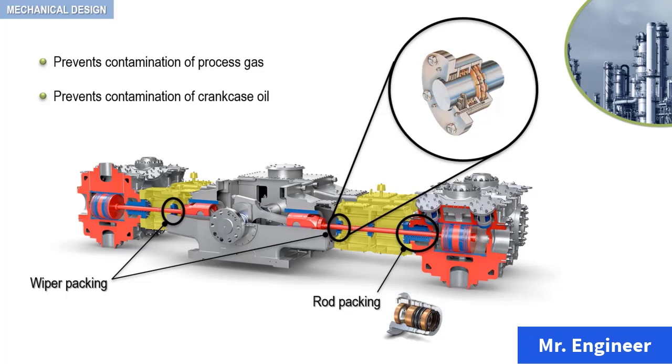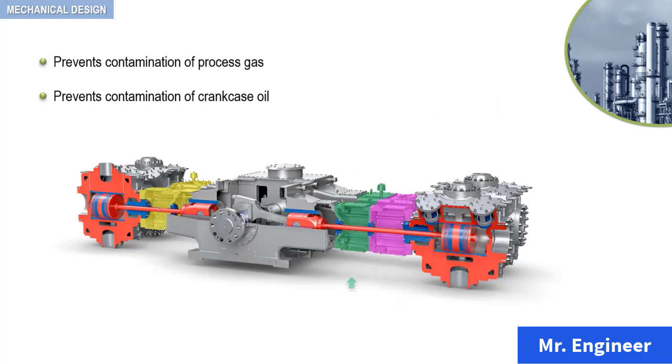In most refinery process gas applications, a double compartment distance piece, as highlighted here, is used. This is to make sure that contamination of the crankcase or cylinders does not occur. Usually, the end of the cylinder compartment contains a partial nitrogen atmosphere, since the packing rings are usually nitrogen purged.